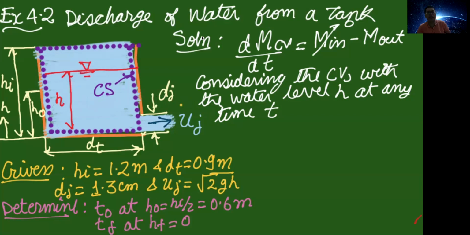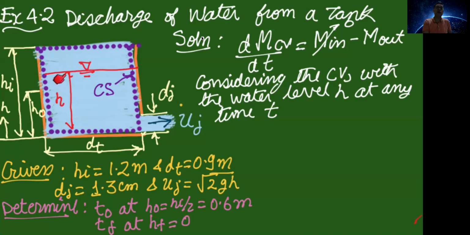At this time instant, if we want to know the mass of the water inside this fixed region or control volume, this dotted region is the control volume. However, above the height h you have air, and we are just interested in the mass of the water.